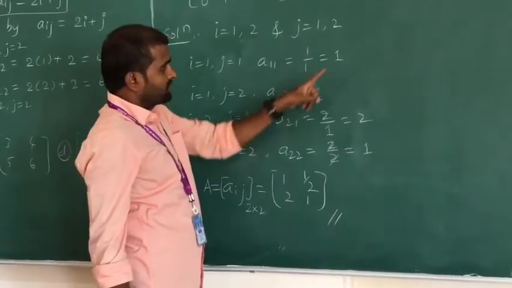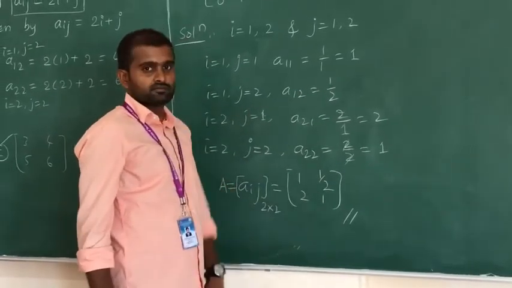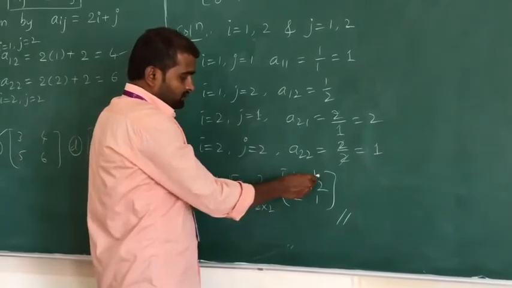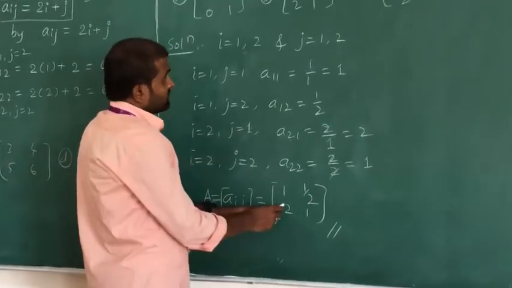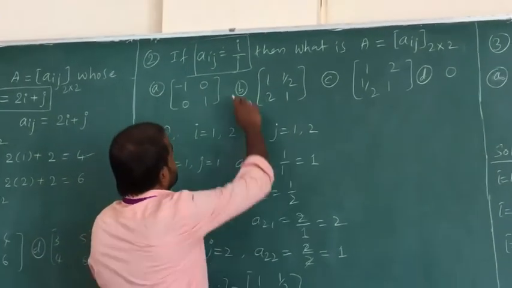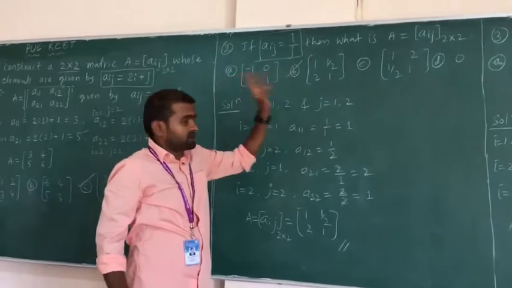So the matrix is 1, 1 by 2, 2, 1, arranged as A11, A12, A21, A22. So your answer is B.